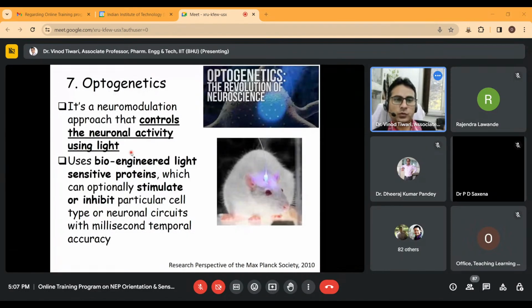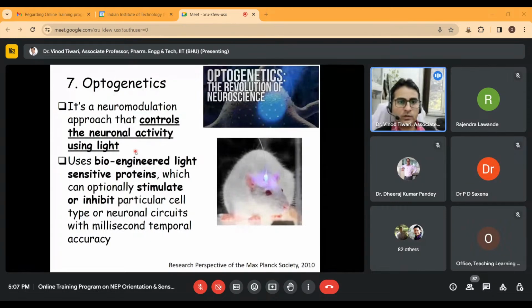Halorhodopsin channels are chloride ion channels, so there will be a lot of chloride influx into the neurons, and that will silence the neuronal activity. So that wavelength of light is used for silencing the neuron.